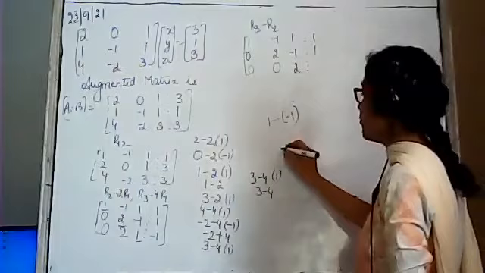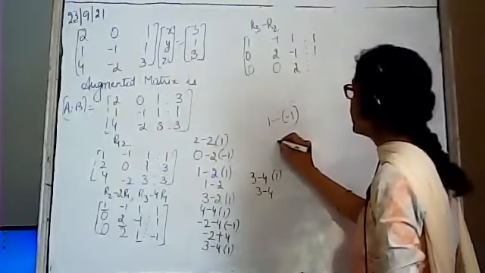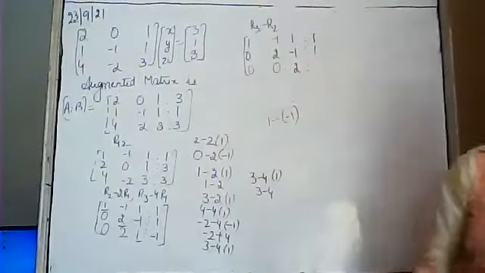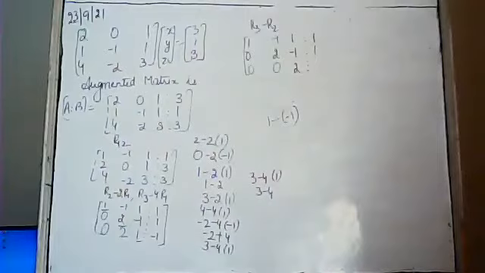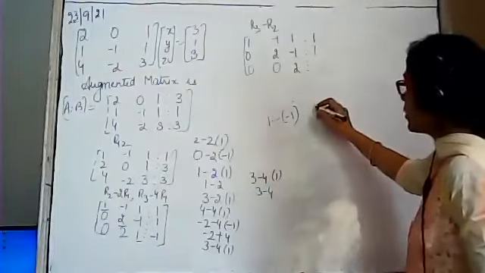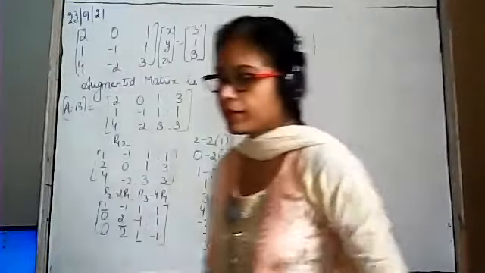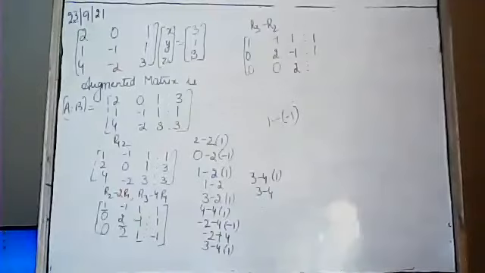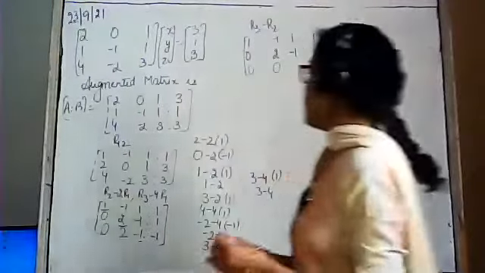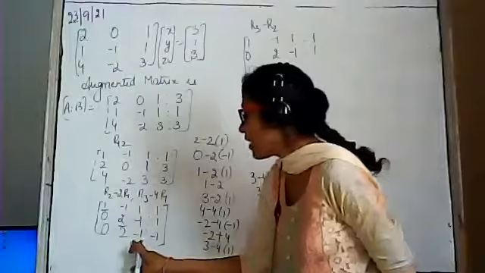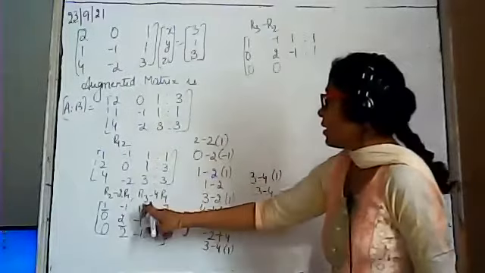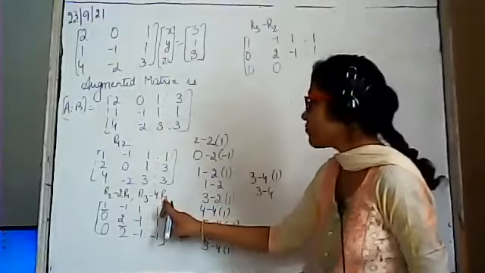After that, we are having minus 1. Wait a minute, beta. Here we will be having minus 1 as we are applying the operation R3 minus 4 R1.